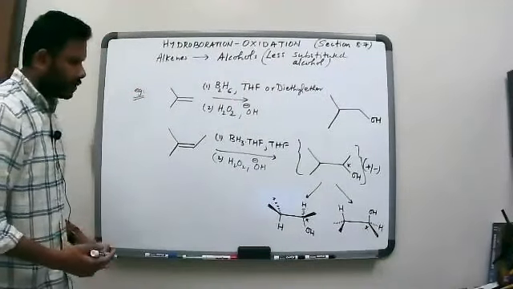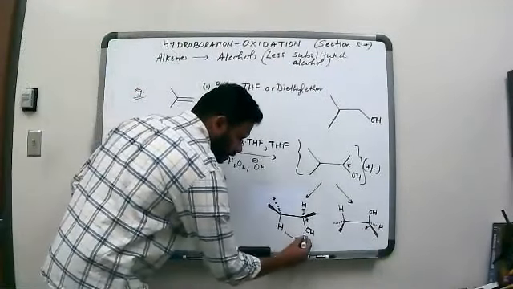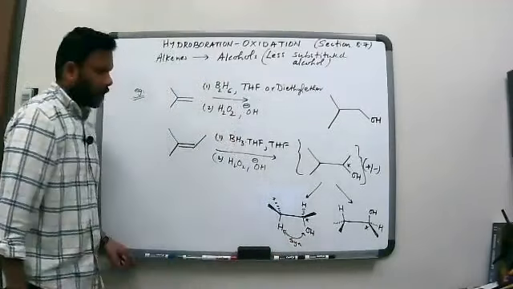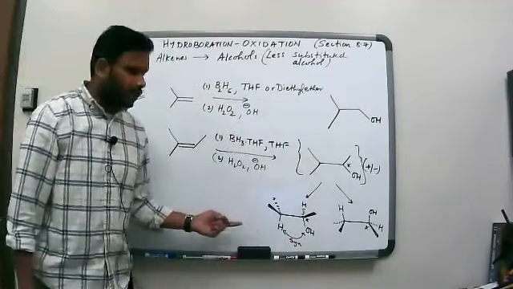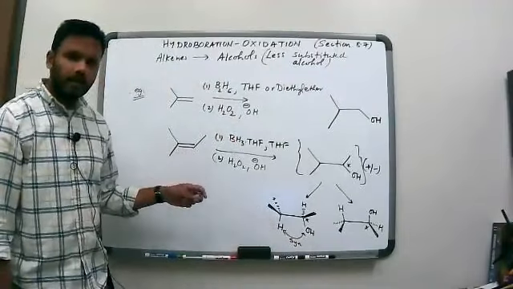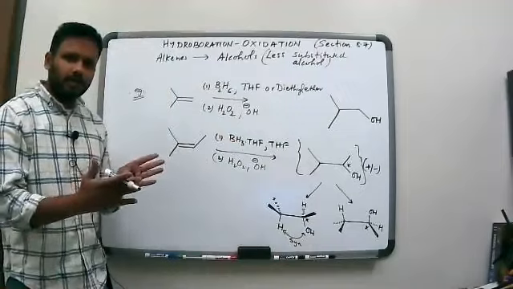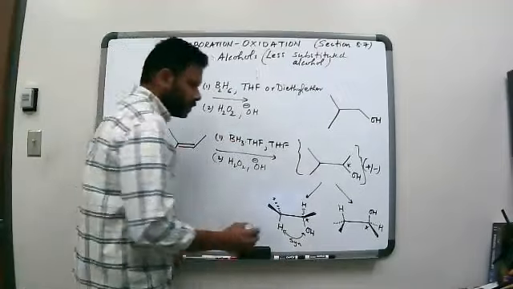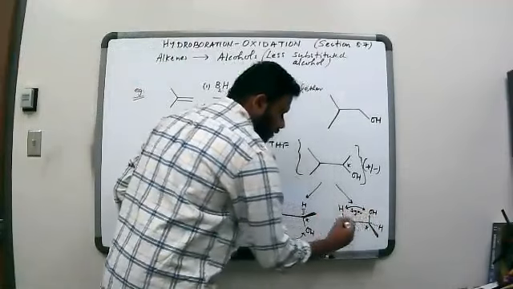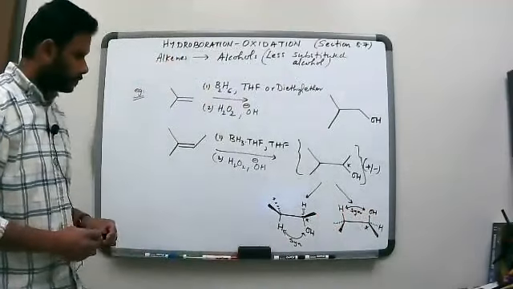So what we mean by the syn stereochemistry is that these two groups that were added, the hydroxyl and the hydrogen added to these carbon atoms, are on the same face. They're added from the same face. So these two are syn to each other.